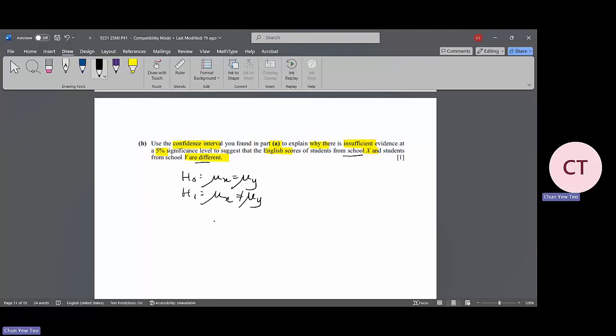Then over here, you will get that mu X minus mu Y is equal to 0.